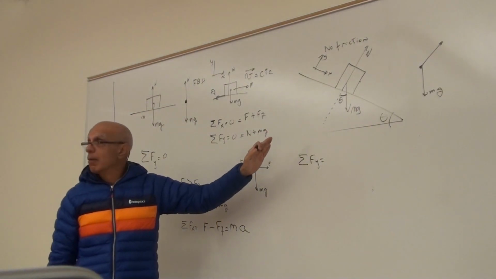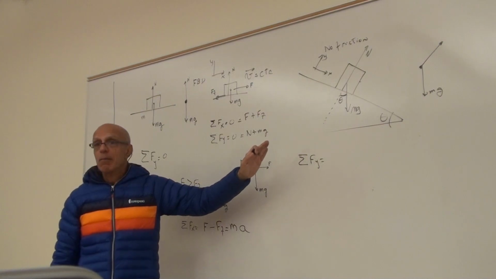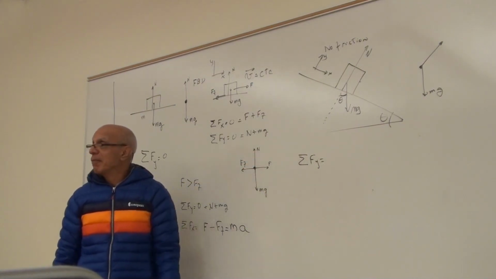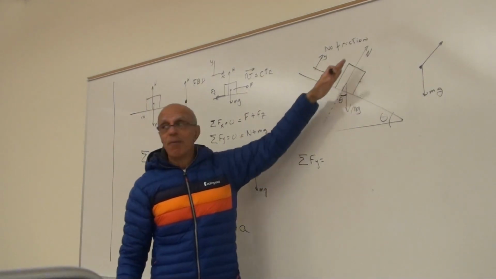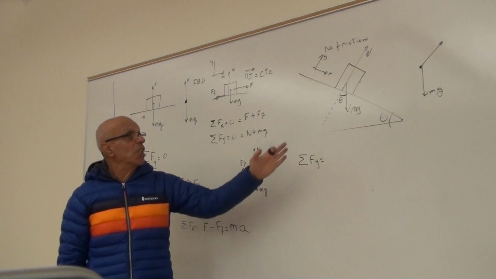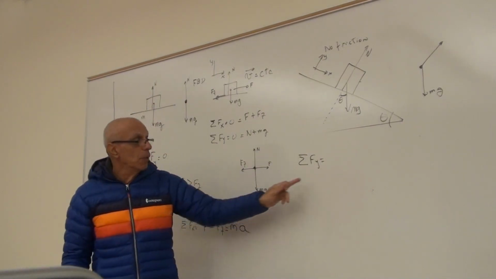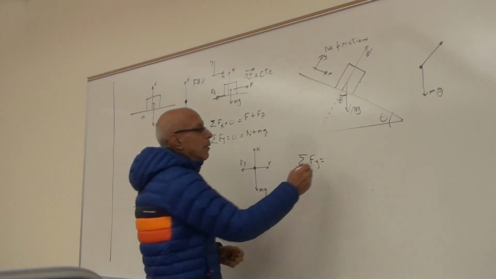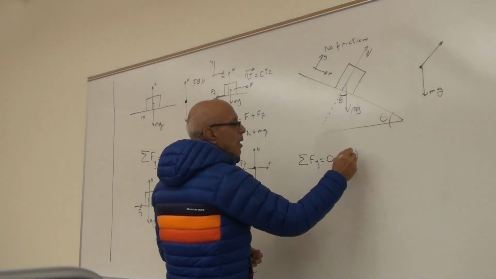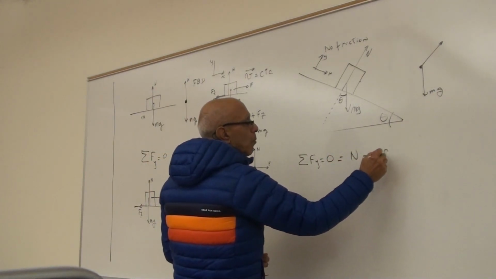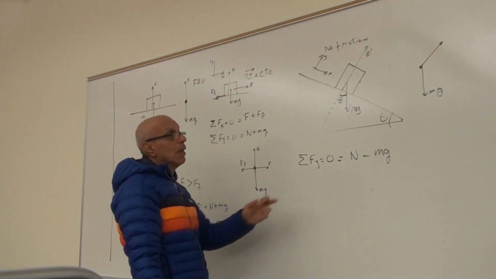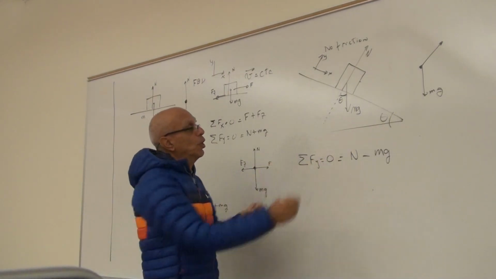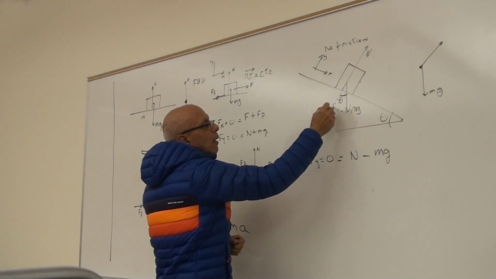No. So the sum of all forces needs to be equal to 0. That means N minus mg, equal to 0. But it's the projection here. This force here is the projection.